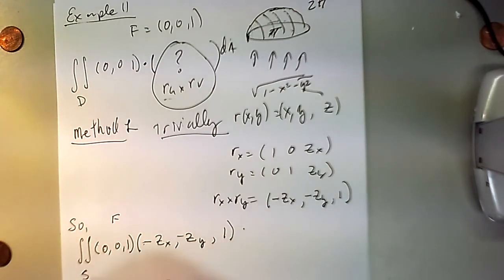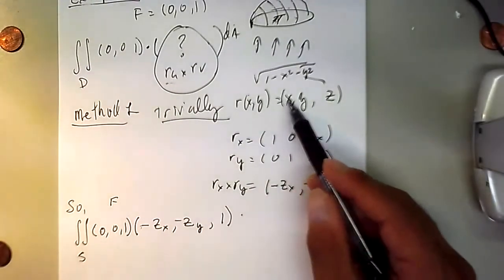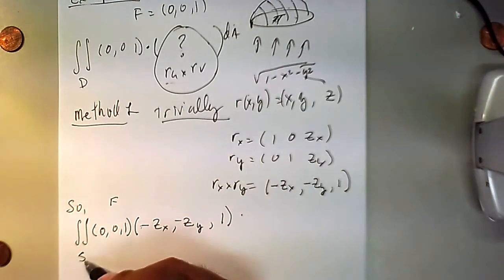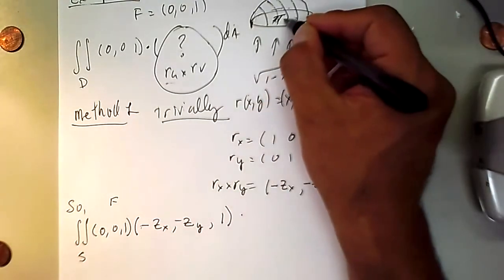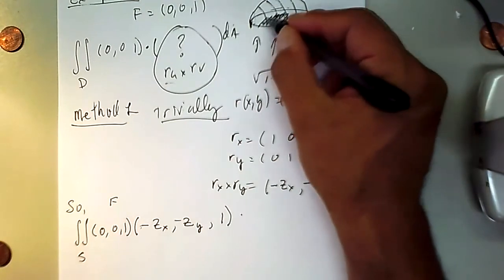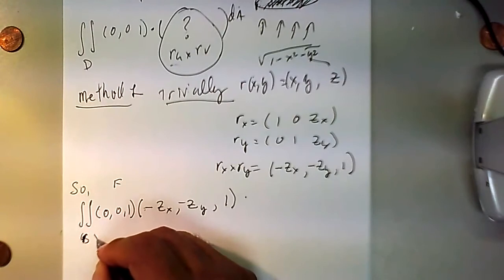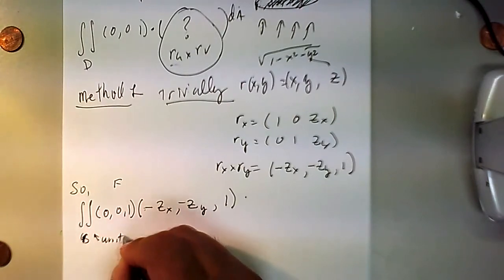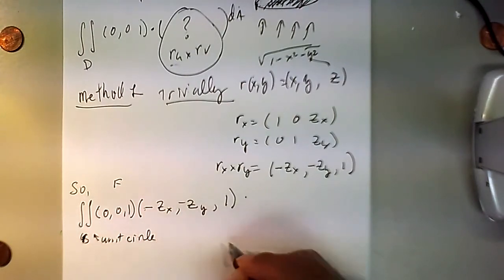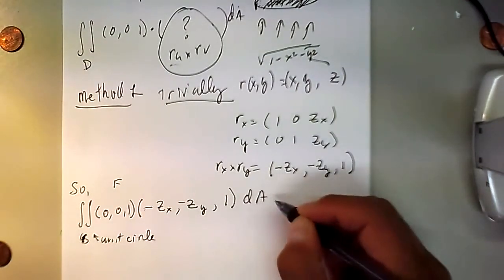Oh, since we're using this parameterization, which is the trivial parameterization, the surface is not S anymore. It would be D, which is the unit circle on the floor, with respect to the area.